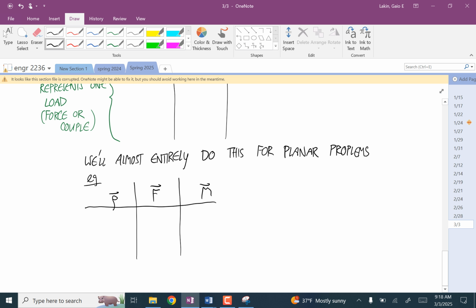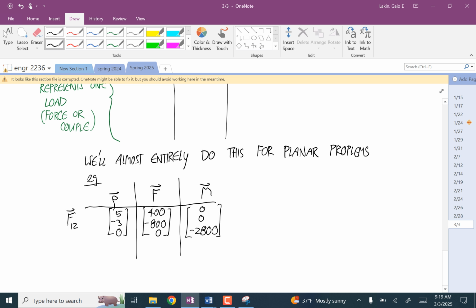Let's say you're doing this for the force F1,2. Let's say the rho vector is 5, -3, 0. The force is 400, -800, 0. If you take that cross product, you get 0, 0, -2800.